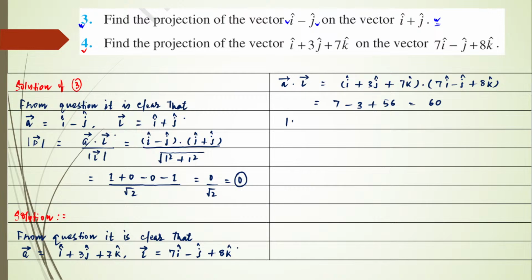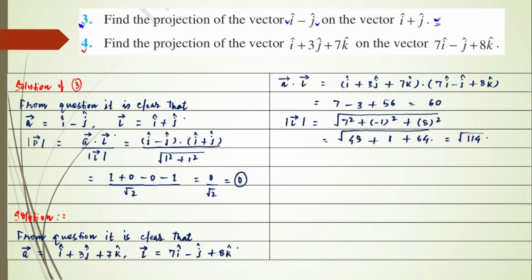And the magnitude of vector L equals the square root of 7 square plus minus 1 square plus 8 square, which is 49 plus 1 plus 64 under root, equal to 114 under root.